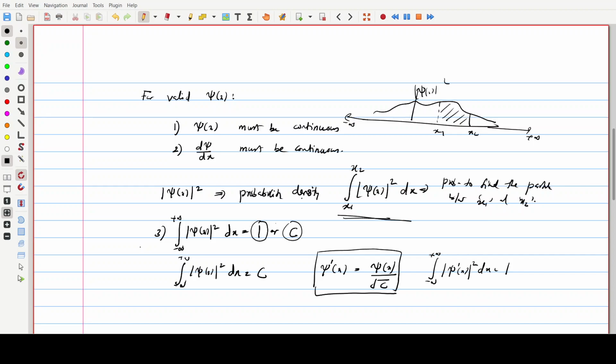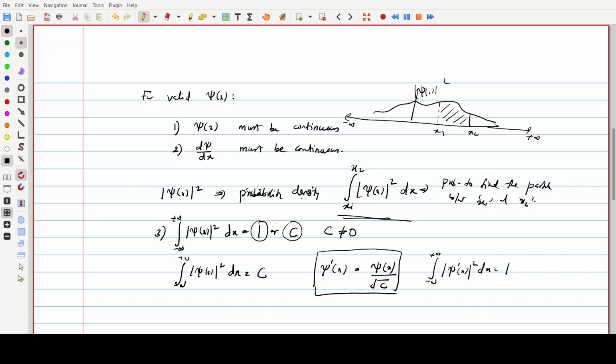It can be 1, or it can be any other value. It should be a non-zero constant. It cannot be 0. So here C must be non-zero. So these are the three properties or three conditions to check the validity of the wave function.